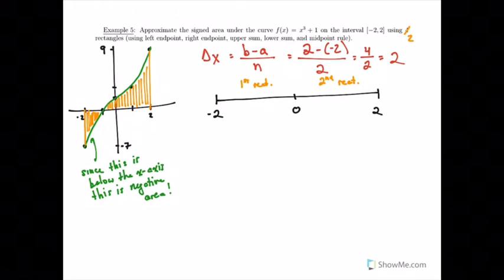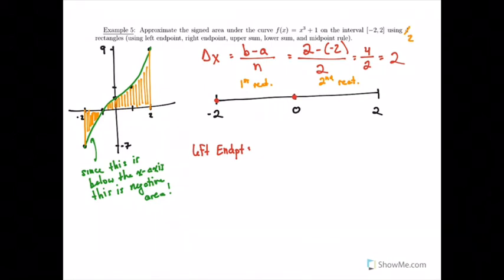First, let's deal with the left endpoint. In this case, for each of those subintervals, we are going to use the left endpoint. That's going to be the -2 and the 0.